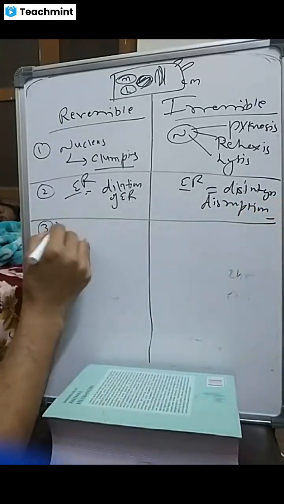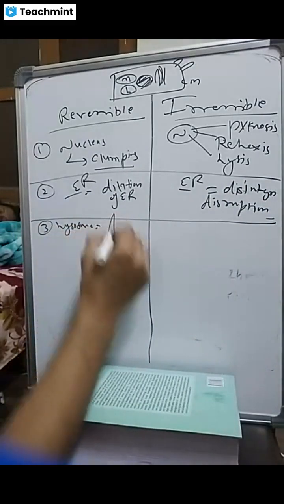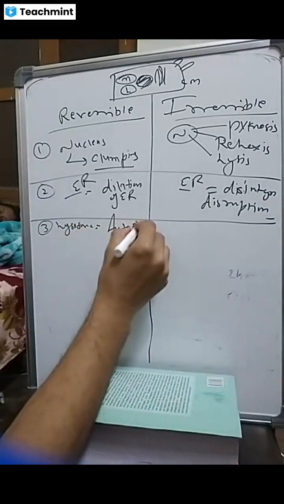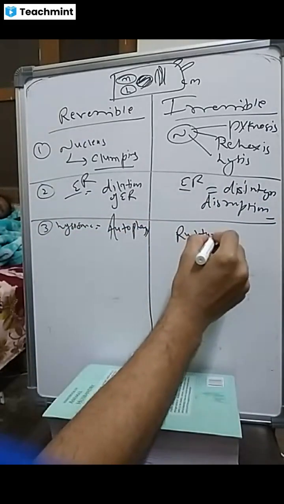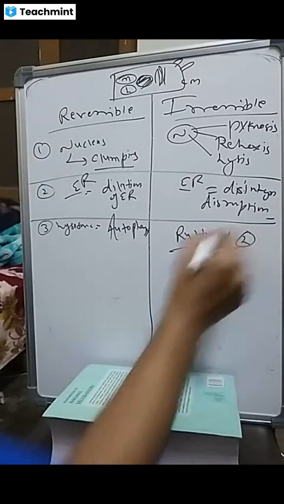Next, lysosome. Here we see autophagy. In irreversible injury, there is rupture of the lysosome.